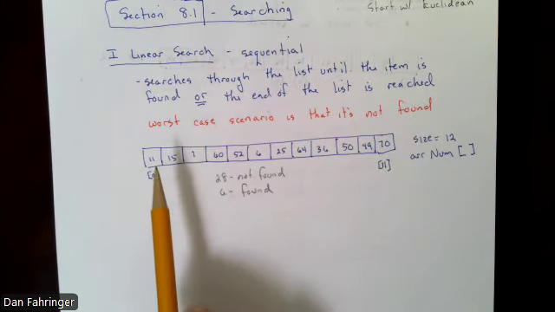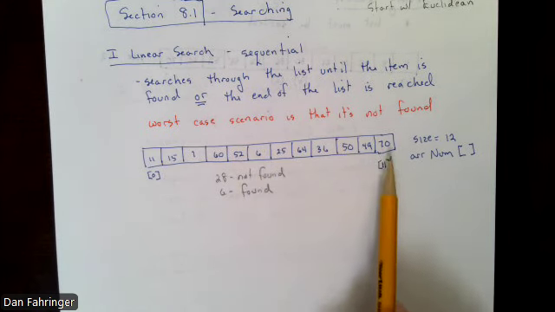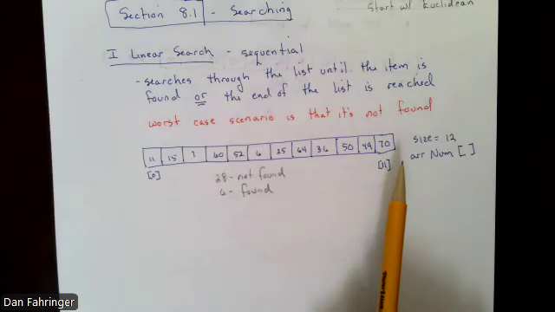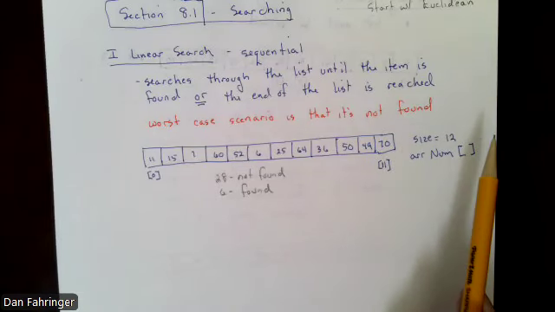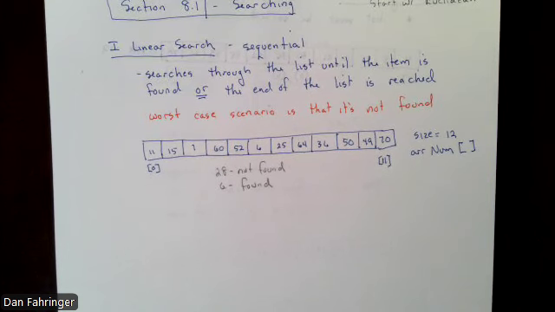Once I find 6, what do I want to do? Oh, I want to get out. This isn't bad, I only have 12 items. What if I had 16,481 items? I definitely would like to get out as quick as possible. But right now, there's only two ways to succeed, and that's to get out of there.